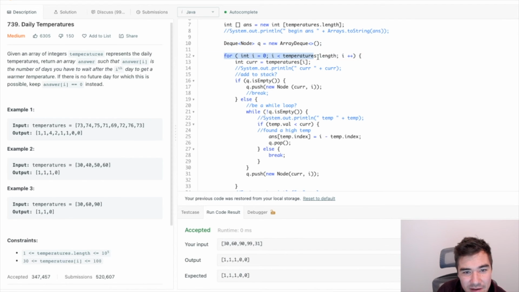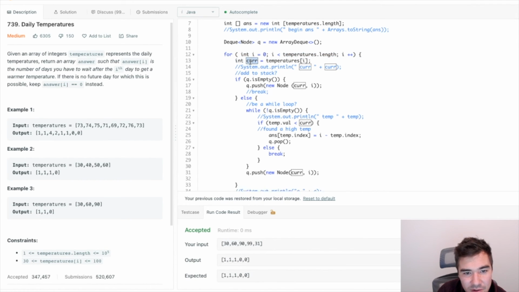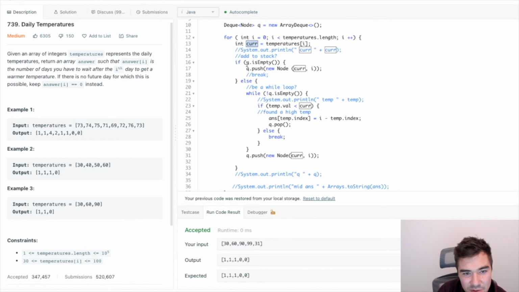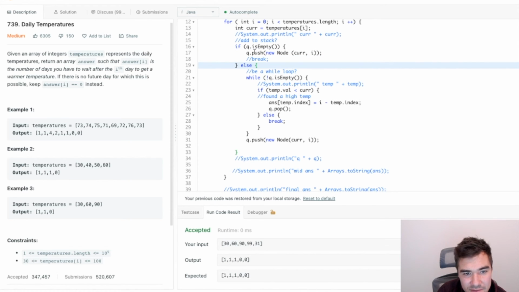And then we iterate n times, over this temperatures array here. So we pop out cur. We check and see if the queue is empty. And if it is empty, we just push it. And then it kind of goes back through. Else, if the queue is not empty, then we start that while loop, right?